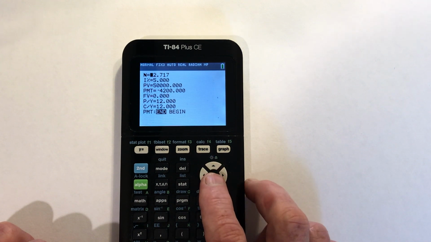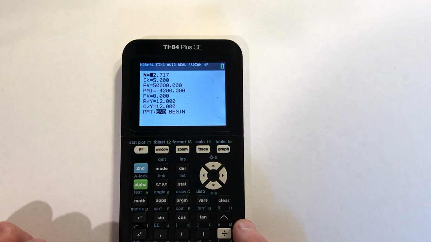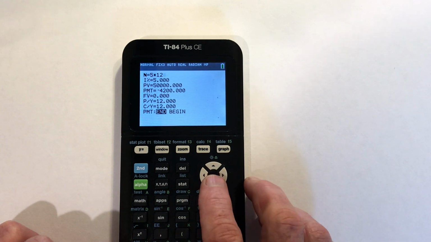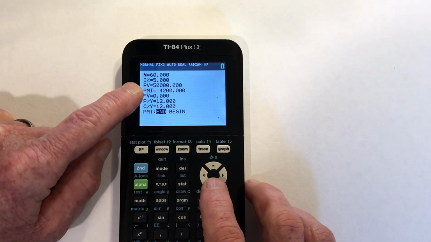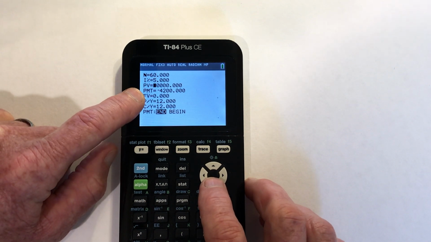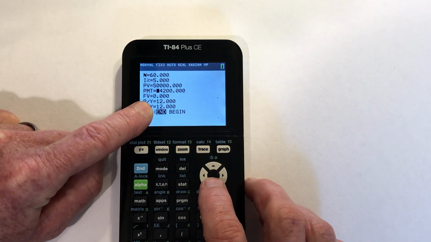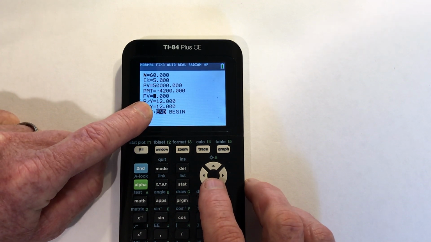And then you need to figure out, how many months am I going to pay? So this n on the calculator means in total how many months. Let's say you pay for 5 years. So 5 times 12 months, that means you're going to pay for 60 months. You're going to pay 5% interest. You're borrowing $50,000. The FV means in the future, you're going to owe 0.